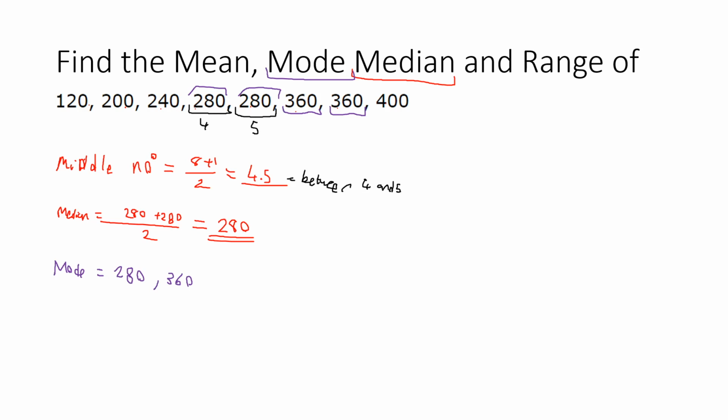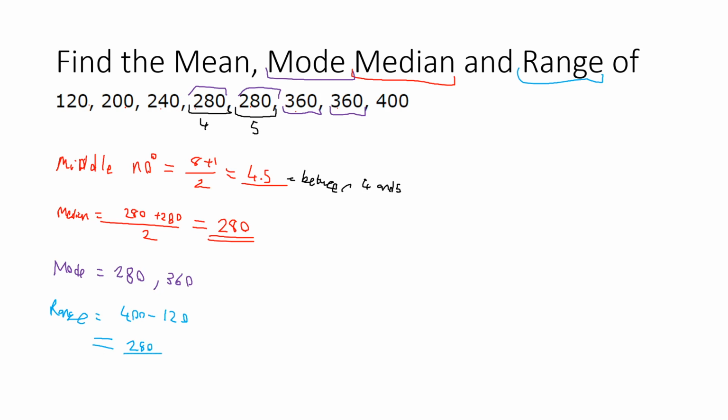Okay? The range is just biggest take away smallest. So the range is going to be 400 minus 120, which is equal to 280.